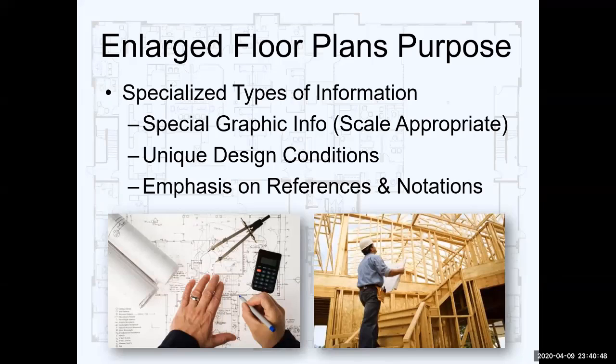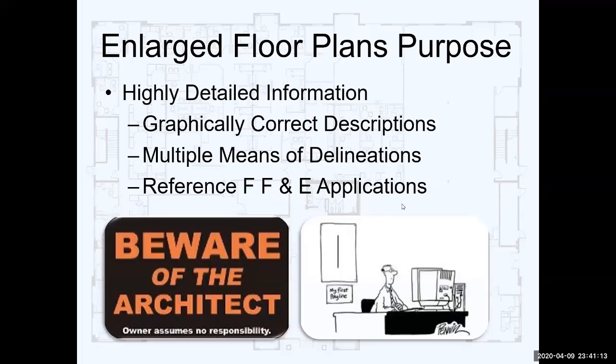It also gives us a better way of managing how we reference and note the information. So if you'll see in some of the examples that we look at here in the lecture, if we tried to provide as much of this information at the smaller scale, it just wouldn't work. Okay.